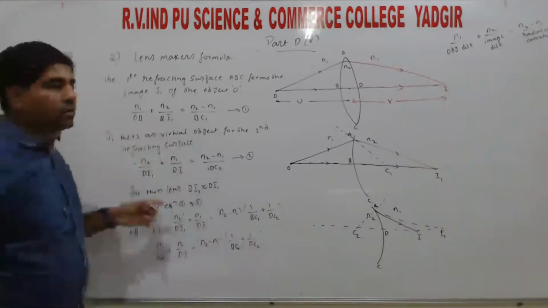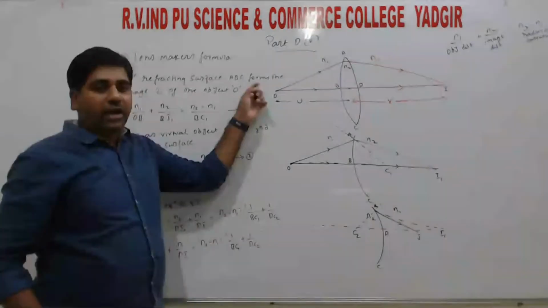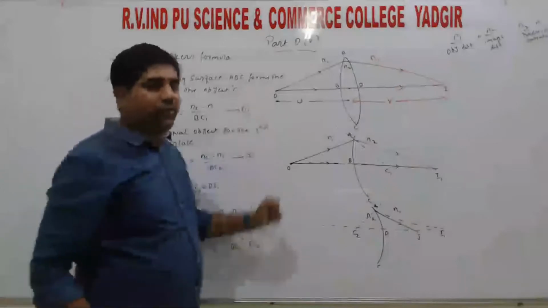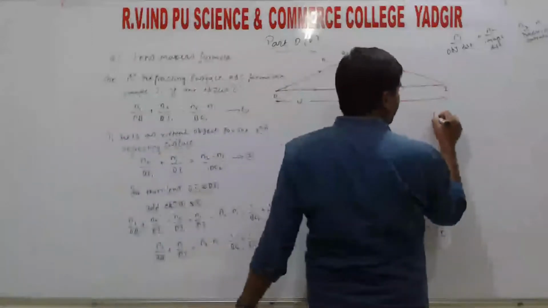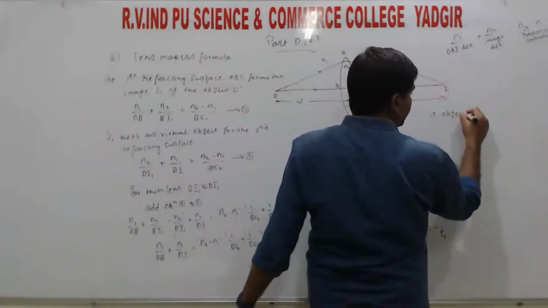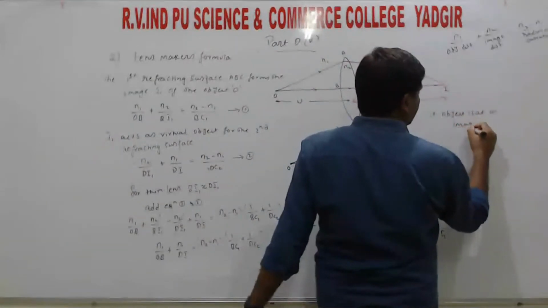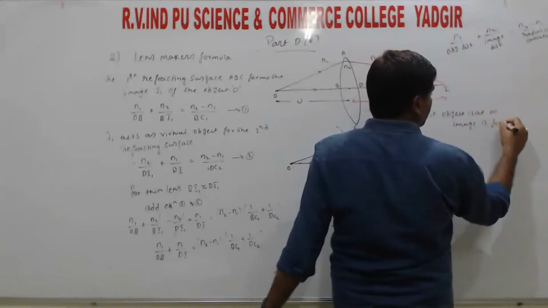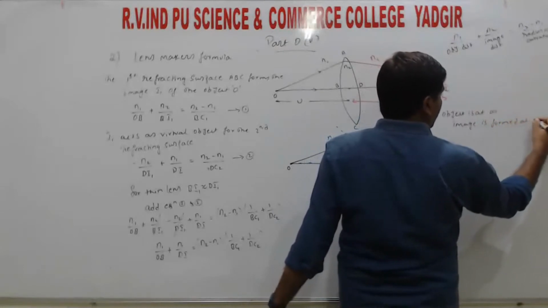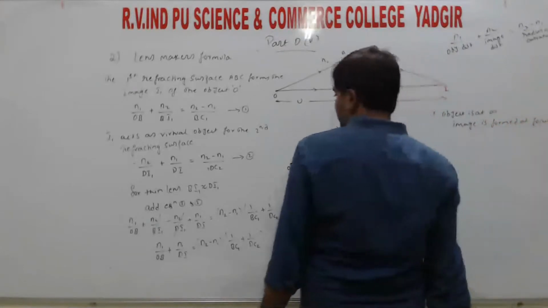Now the object is at infinity, right? If the object is at infinity, the image is formed at the focus.